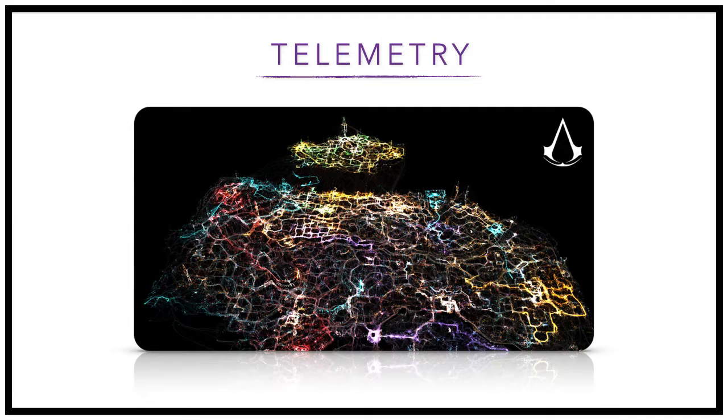This is a map of all the movement of a bunch of players while playing the game, the whole length of the game. Each individual color is the route they've taken during a main quest line. They're using this to see how much of the map they're utilizing, or if there are black spots like that that people aren't visiting. Are players seeing as much of the map as we want them to?